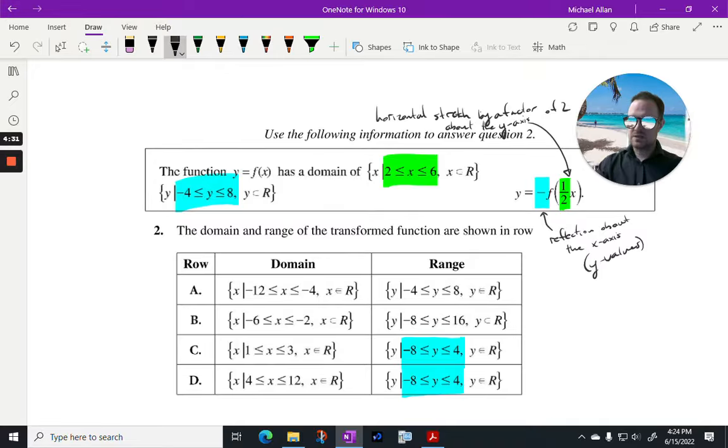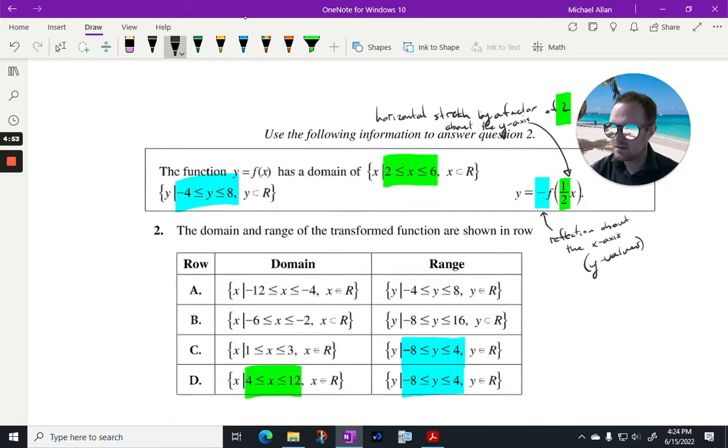Okay, so when you do horizontal ones, you're doing about the y-axis. So here's the y-axis, and I stretch it outwards on that point. So by a factor of 2, so that's very important that this is a factor of 2. So that means it's going to multiply all the x's by 2. So this would be 4 and 12, and I don't have any other 4 and 12s. So really, if I did that one first, I would have realized that this is my solution down here.